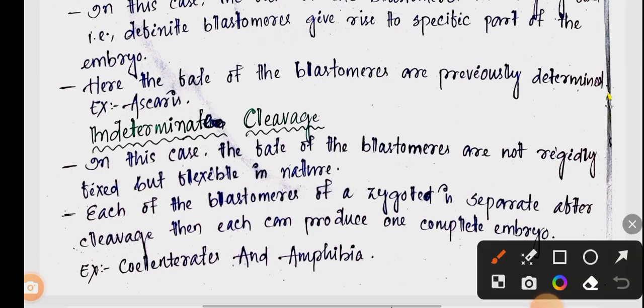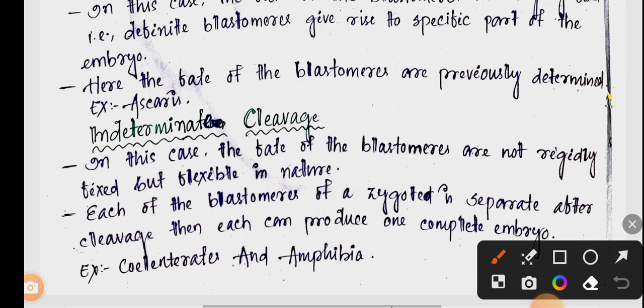What is indeterminate cleavage? In indeterminate cleavage, the fate of the blastomeres is not rigidly fixed but flexible in nature.